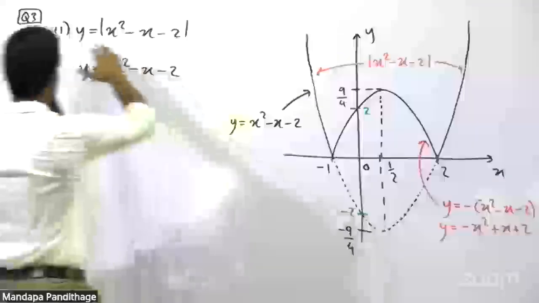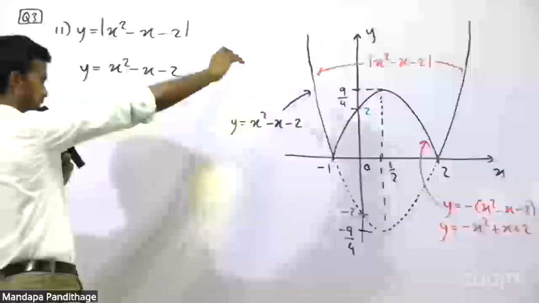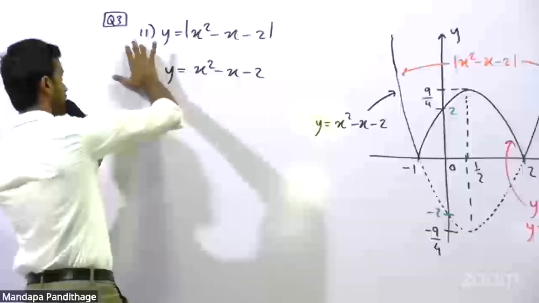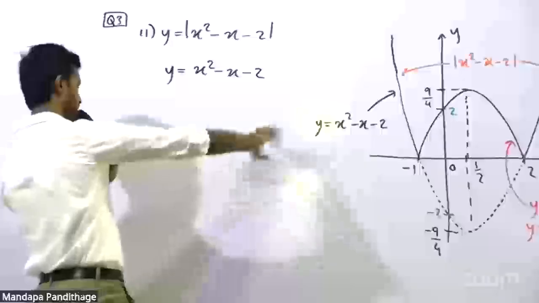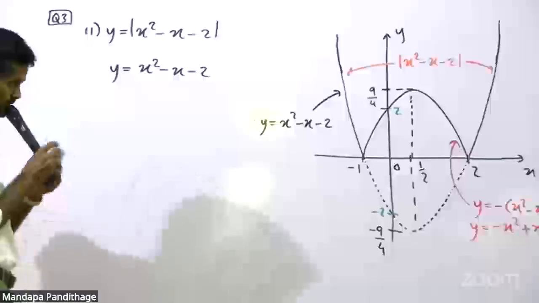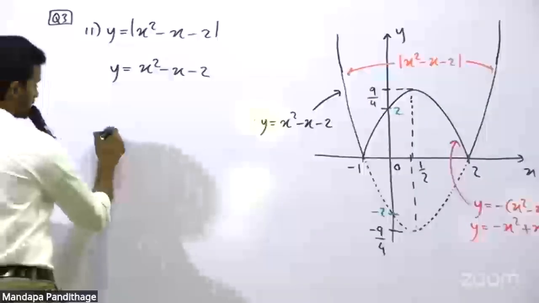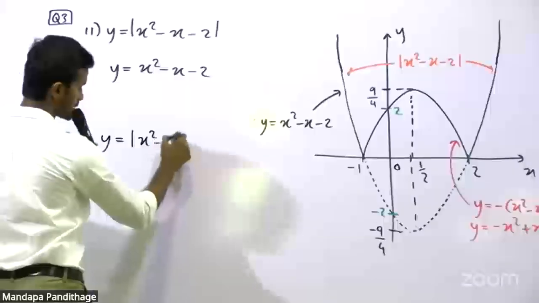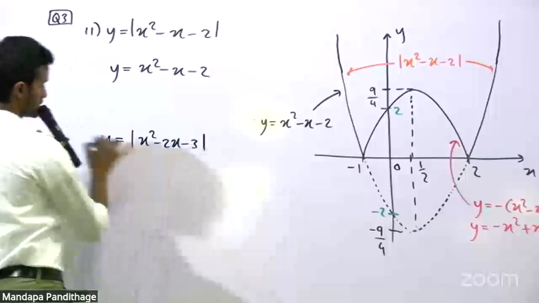Okay, so then consider this one. You don't have to draw this from the beginning, just replicate the same graph you just drew. So put number 11, question number 11 in question number 3, and draw this. Now after this, draw the modulus of the graph that we have taken before, x squared minus 2x minus 3.